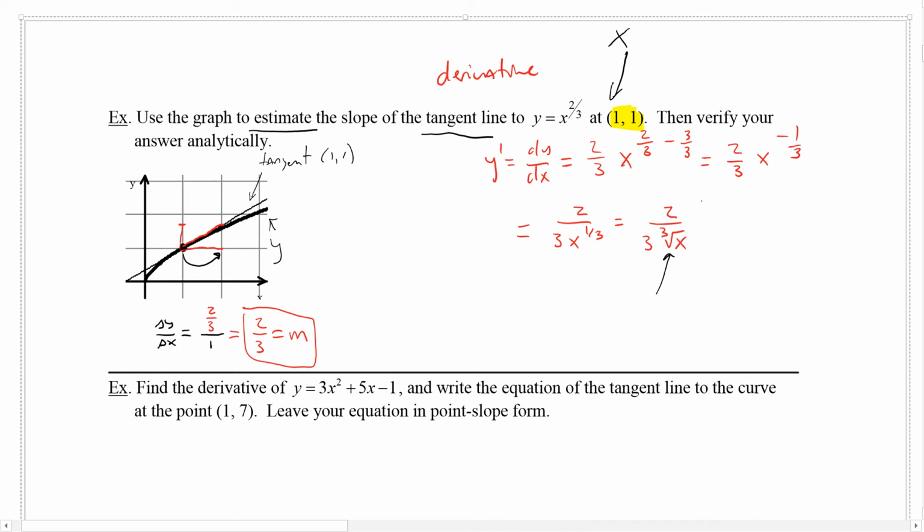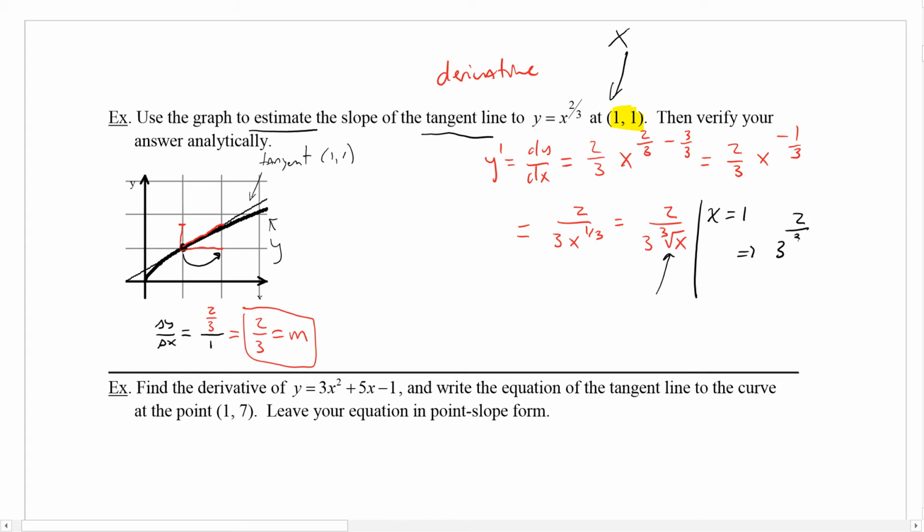So we're going to draw a line straight down, and we're going to calculate the derivative at x equals 1. And that is 2 over 3 times the cube root of 1. The cube root of 1 is 1, so my derivative at (1, 1) is 2/3, and this matches my estimate.